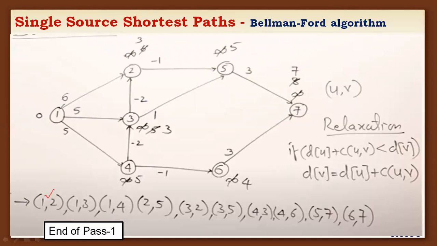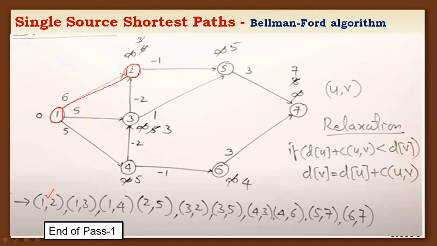If you consider the path from 1 to 2, what is the total weight? The total cost is 0 plus 6.